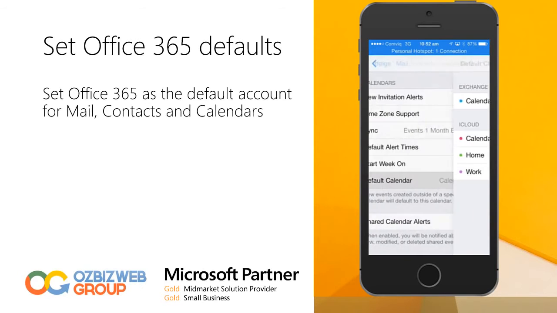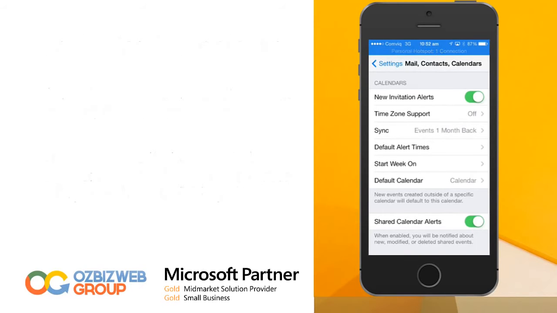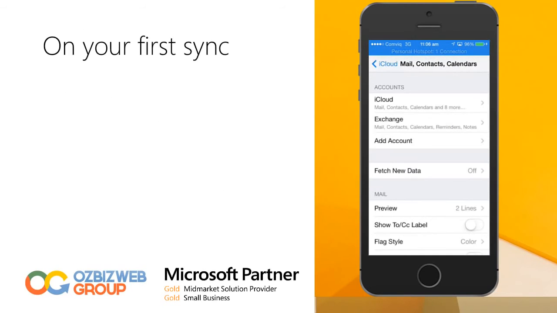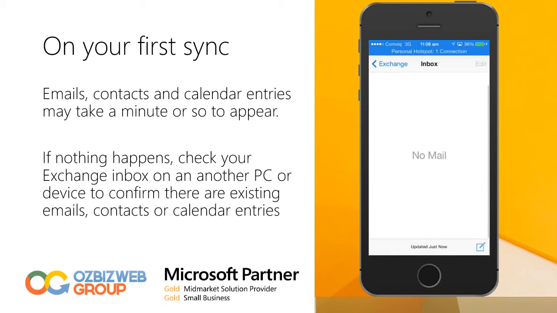That means that every new email, contact or appointment that you create is going to be syncing with Office 365 by default. So if I close out of settings now and I go to Mail, my Exchange email is not going to come down straight away because it's going to sync things in the background as well. It should come down in the next few seconds.